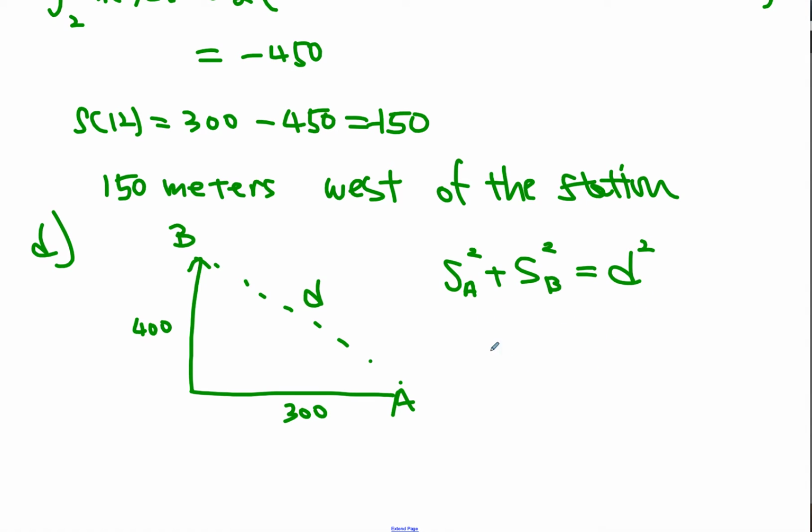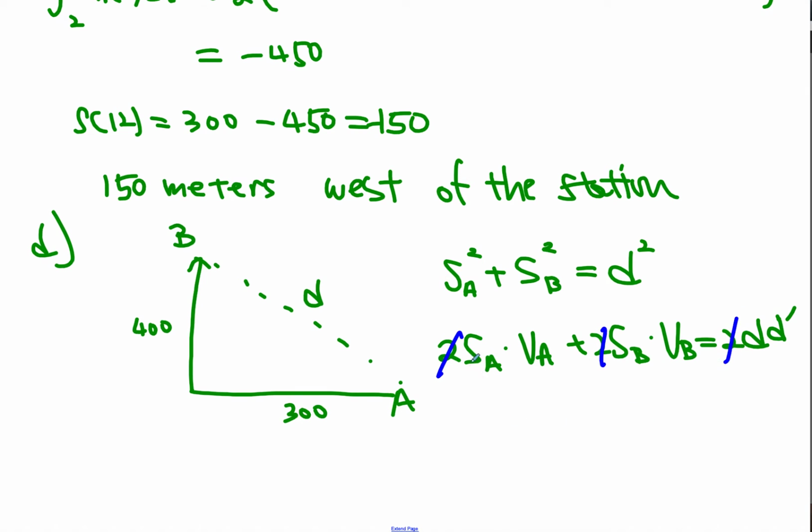When you take the derivative, we get 2 S of A times velocity of A, since the derivative of position is velocity, plus 2 S of B times velocity of B, equal to 2 d times d prime. The 2's cancel away.